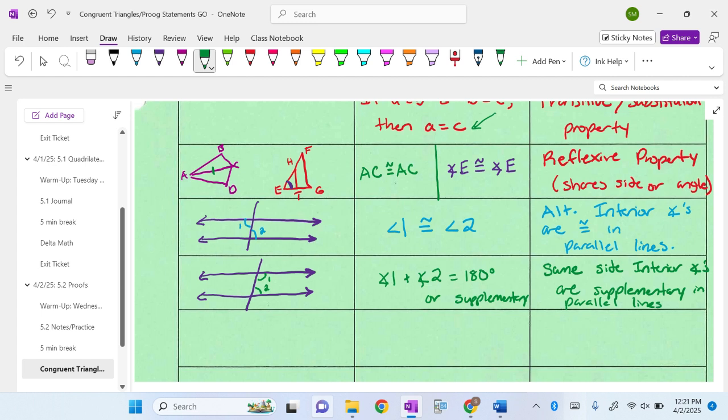Now let's say that I had two segments that were crossing each other. I'm going to call this angle and this angle 1 and 2. Now, angle 1 is congruent to angle 2. Does anyone remember why? What type of angles are these? They're opposite, but there's a special name for them.